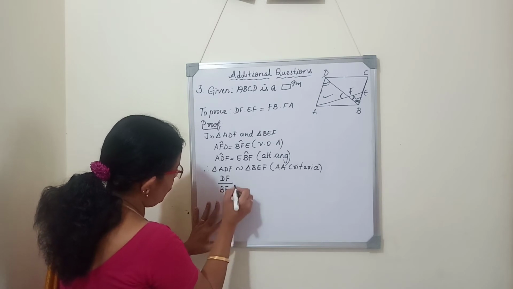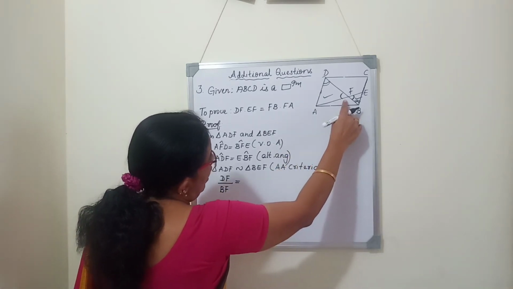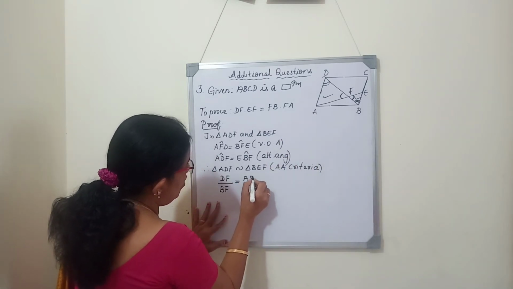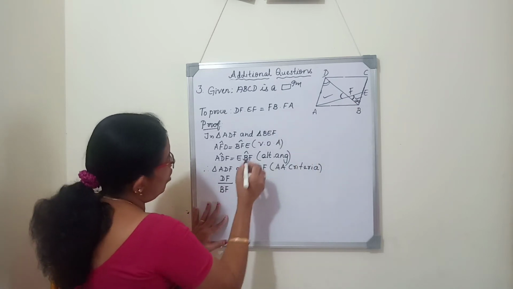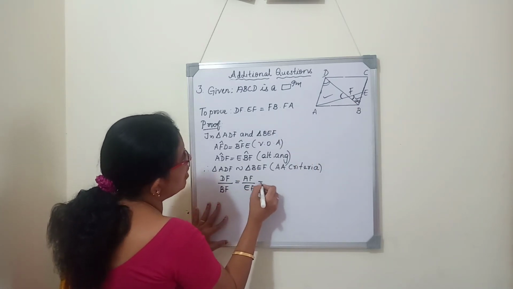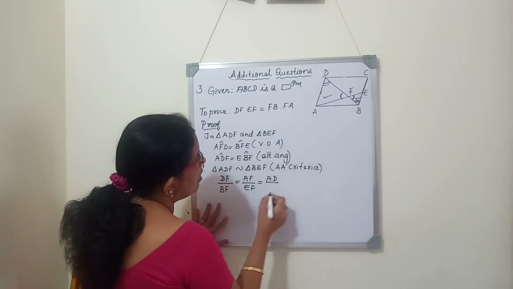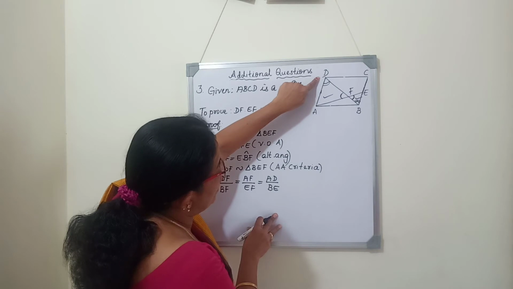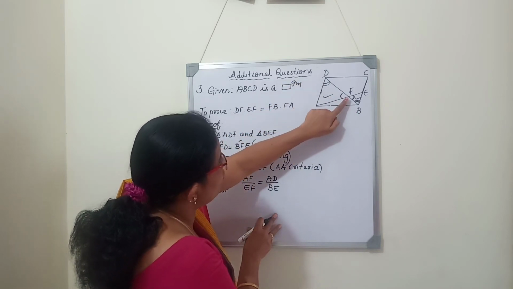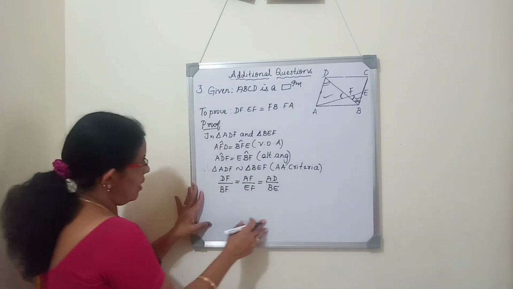So DF by BF is equal to AF by FE, and the third side is AD by BC. So start from the alternate angle D: DF, then BF, AF, EF, then AD, BC.